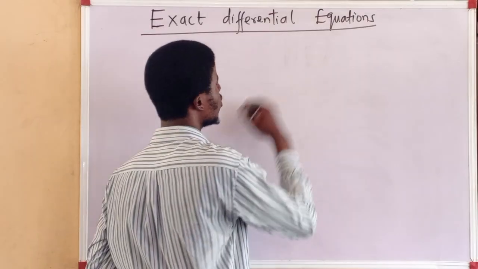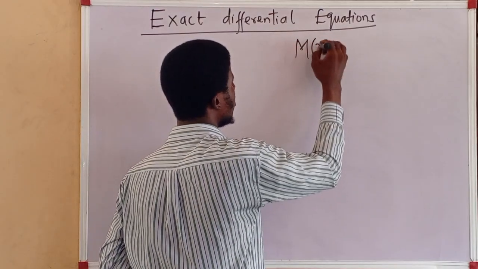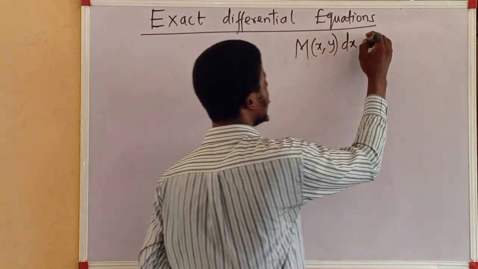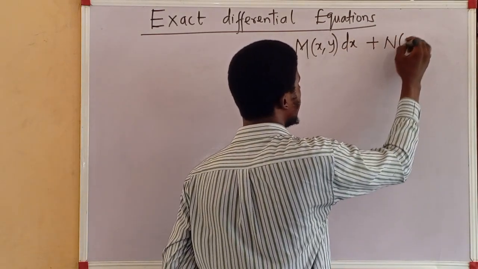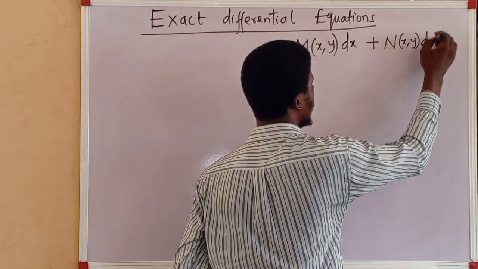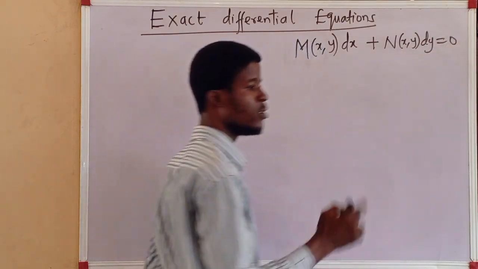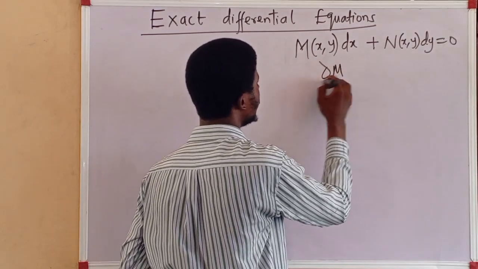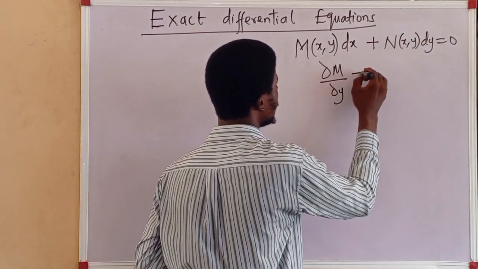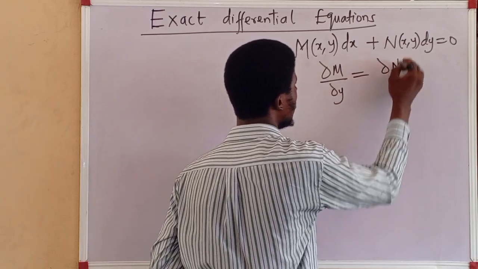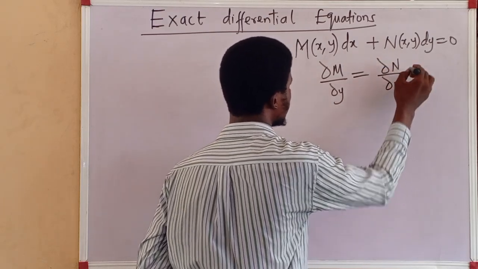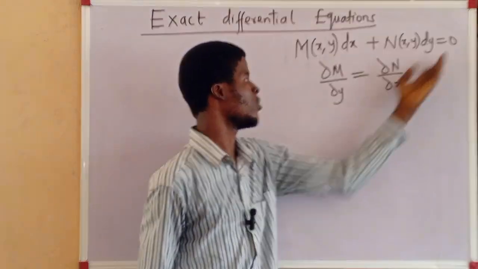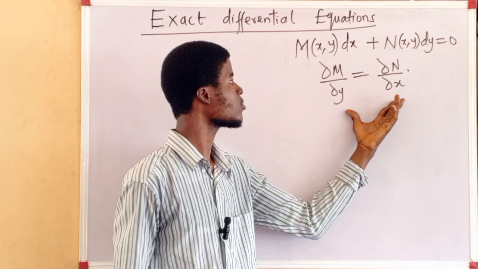A differential equation of the form M(x,y) dx + N(x,y) dy = 0 is said to be exact if the partial derivative of M with respect to y is equal to the partial derivative of N with respect to x. This is an exact differential equation if this condition holds.